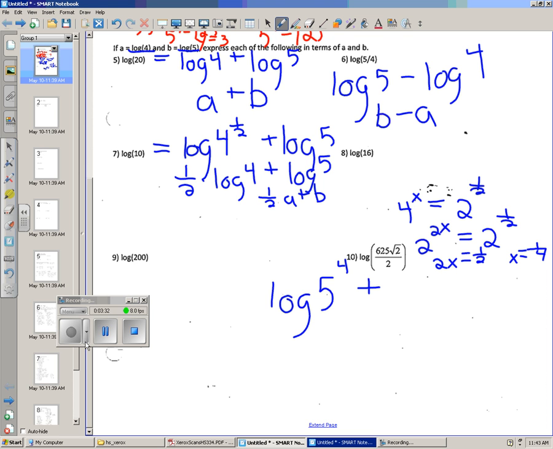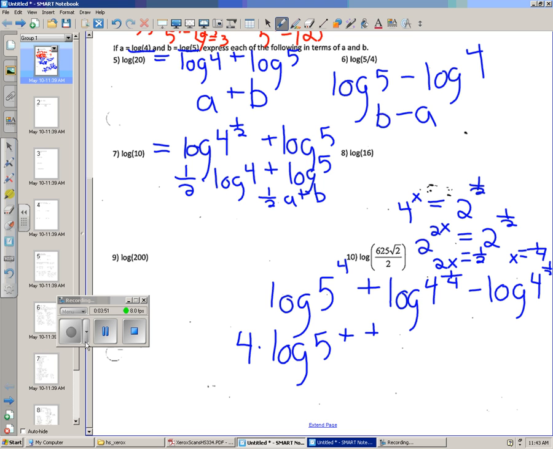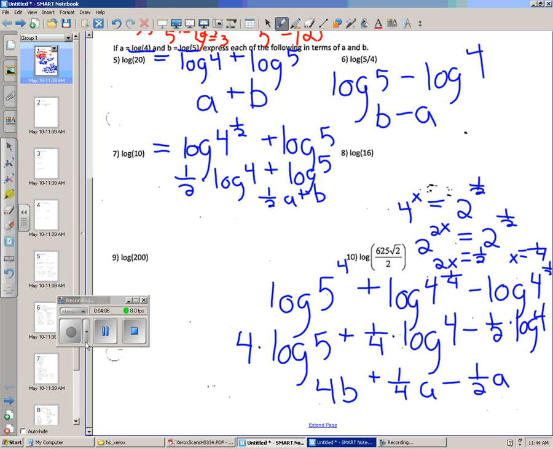So this is plus log base 4 to the 1/4 minus log of 4 to the 1/2. Right, the square root of 4 is 2. Okay, so now this is really the same as 4 times log 5 plus 1/4 times log 4 minus 1/2 times log 4. Okay, so this is really the same as 4b plus 1/4 a minus half a, which is really 4b minus 1/4 a.